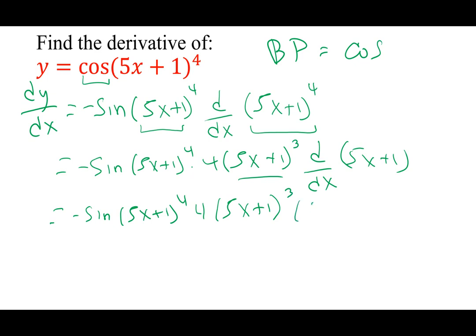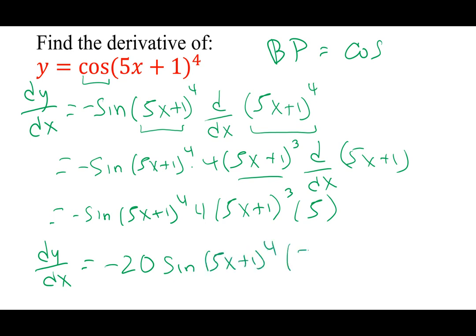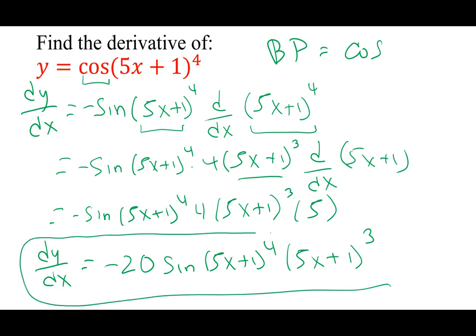The derivative of 5x plus 1 is just 5. So if I very carefully simplify that, 4 times 5 times a negative looks like a negative 20, times the sine of the quantity (5x plus 1) to the 4th, times (5x plus 1), that whole value cubed. I tried to set you up yesterday by letting you know that this does escalate quickly, which certainly it has. And then one last problem here for us.